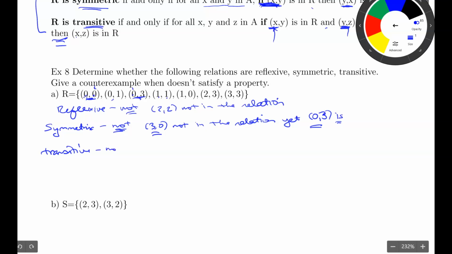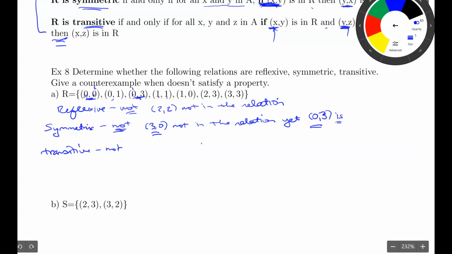Oh, nope, it's not. Oh, wait a second, 0, 3 is in there. Oopsies. Never mind. 0, 3 is right there.